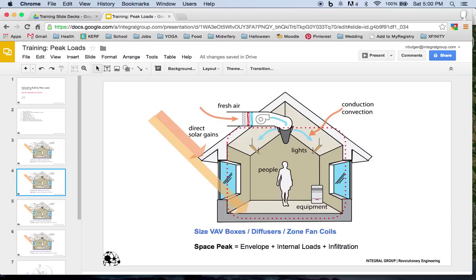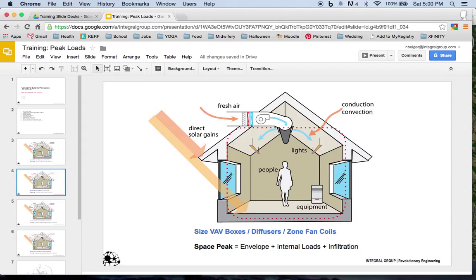So I've kind of captured the diffuser in this cartoon diagram, because in this cartoon we would really want to know how much CFM do we have to push out that diffuser if the air coming out is at 55 degrees, I'm making assumptions, and I want to keep the space at a 75 degree temperature.